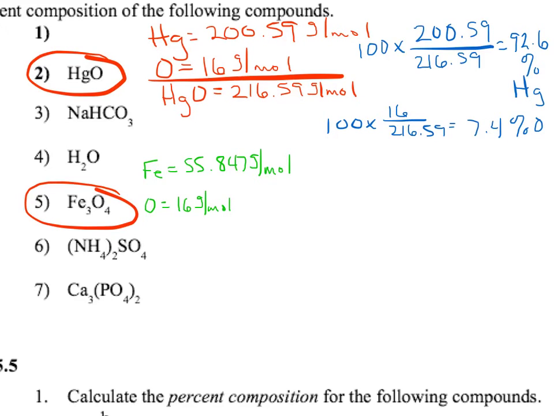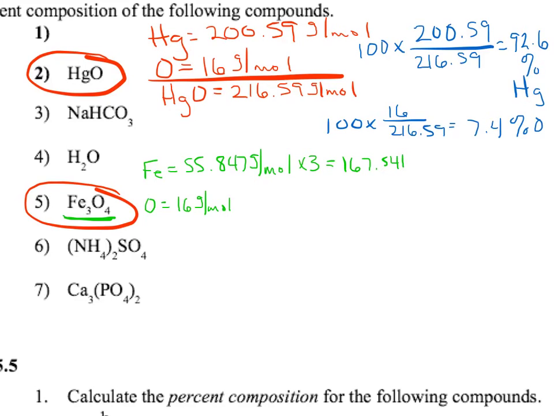The tricky part here is that we have multiple atoms of each element. So we'll take that 55.847 times 3, because there are 3 of them, and that'll give us 167.541. So in 1 mole of this, there are 167.541 grams of iron.